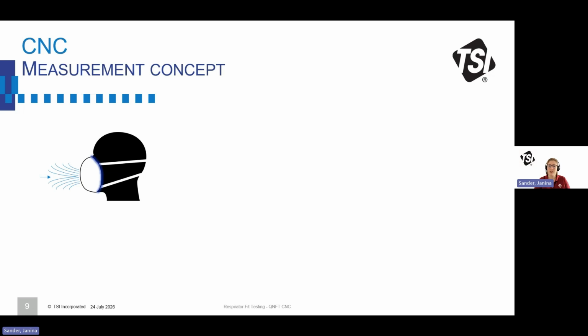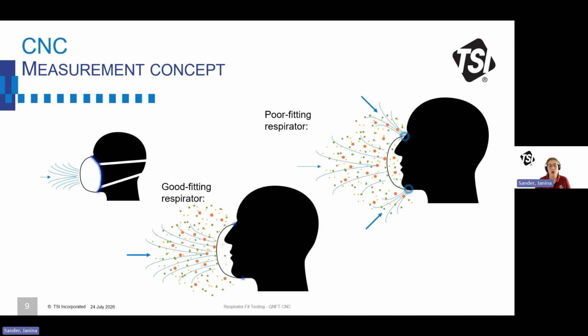Maybe to start with the very basics and the measurement concept of CNC. That's quite important to understand why the instrument is measuring what it measures, and also how the evaluation of the fit takes place. The measurement concept behind CNC is that if you're wearing a tight-fitting respirator and breathing through its filters, and you have a good fitting respirator, you have your hazardous air on the outside, you breathe through the filter, and inside the respirator you don't have these hazards anymore.